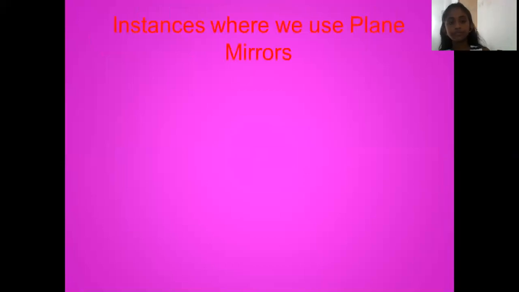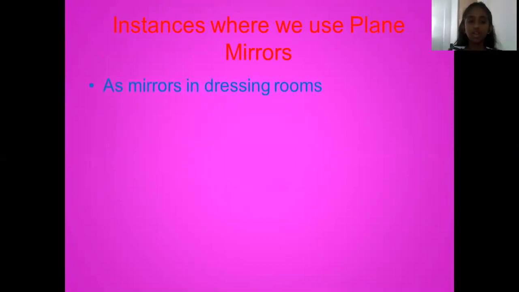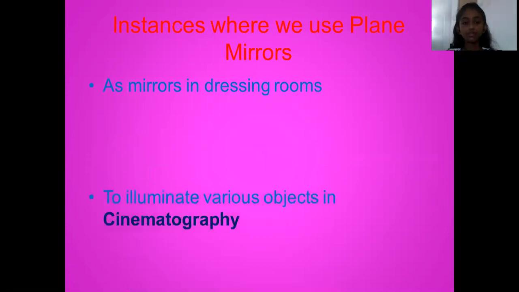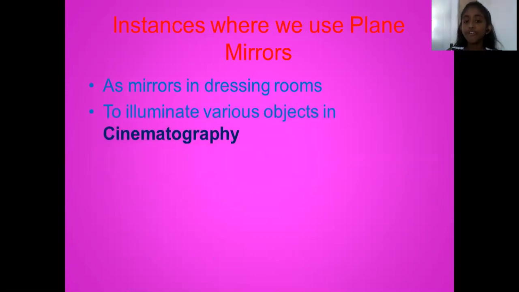So instances where we use plane mirrors. As mirrors in dressing rooms. Yeah, in dressing rooms we use plane mirrors to see ourselves. To illuminate various objects in cinematography. Cinematography, I will define that word later.